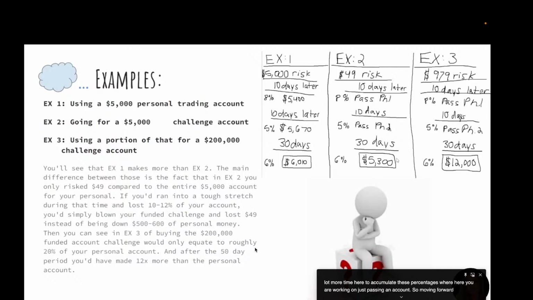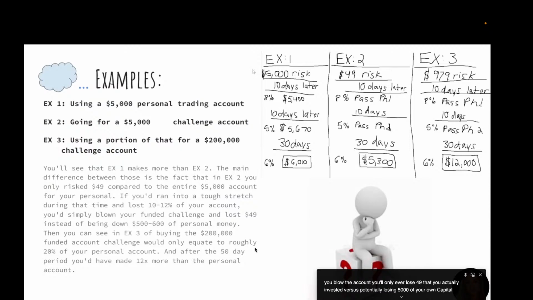So moving forward, the next month, there is a potential, if you're a consistent enough trader to make these kind of percentages, that you could actually make the same amount of money in the following month, once you don't have to worry about passing. So again, you would have to decide whether you're a strong enough trader or consistent enough to do that. But taking into consideration that you're still trading the same amount of capital, it's still $5,000, but you're only risking $49 at worst case. Even if you blow the account, you'll only ever lose the $49 that you actually invested versus potentially losing $5,000 of your own capital.